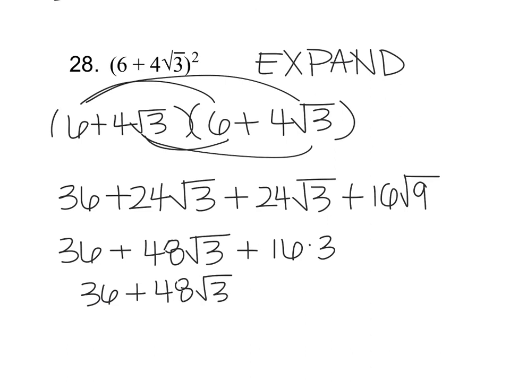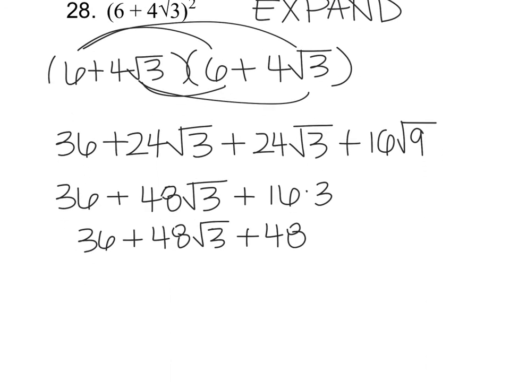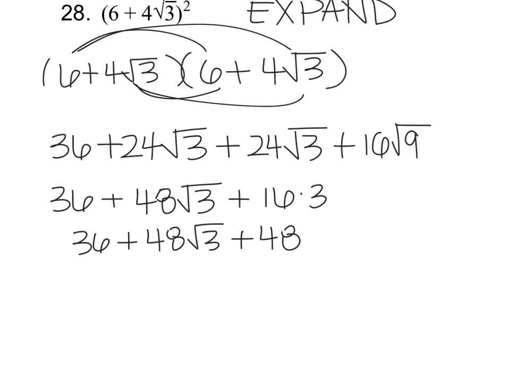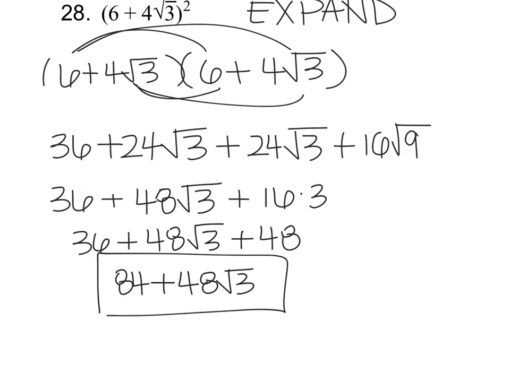So when we do 16 times 3, we're going to get 48. So we end up with 36 plus 48 square root 3 plus 48. 36 and 48 are like terms, so we end up with 84 plus 48 square root 3 as our final answer.